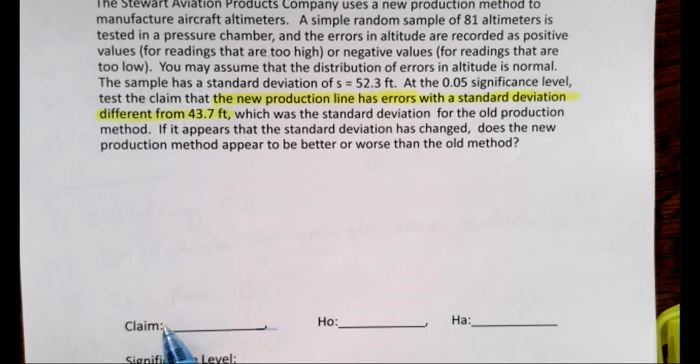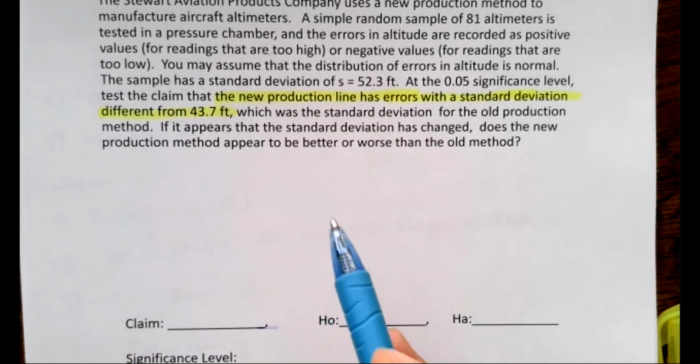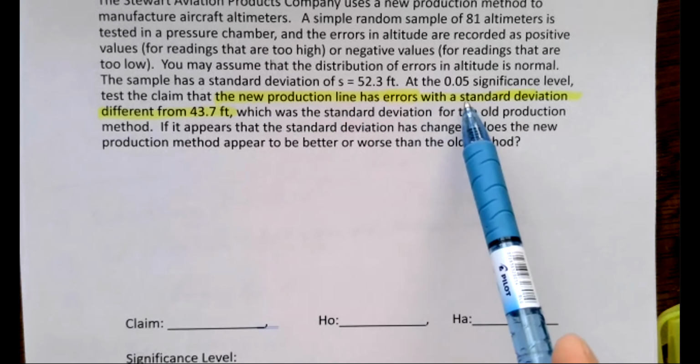And how do we deal with the two-tailed test? How do we figure out the p-value, and how do we figure out the critical value for the two-tailed test? That's going to be new, besides the fact that we're testing standard deviation now.